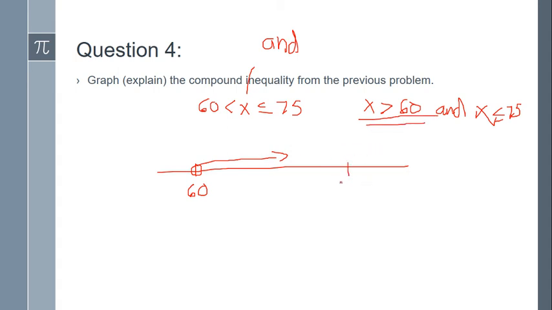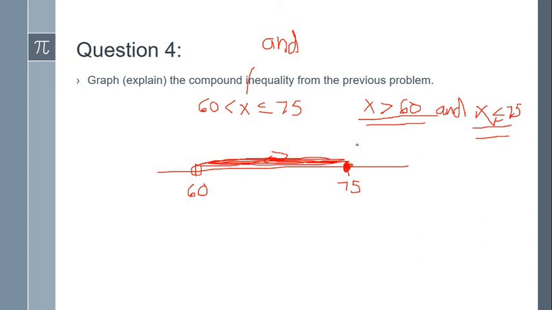Suppose here's the spot 75 on my number line. If I graph the second inequality here, I get that x is less than or equal to 75. So at 75, I'd have a closed circle, and the shading or the arrow would be pointing to the left, all the numbers less than that. Notice that these two separate inequalities overlap in between each other.